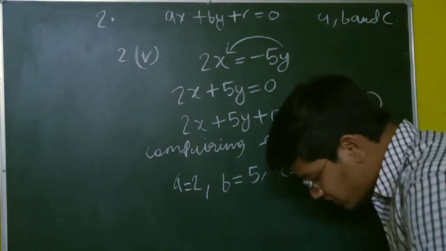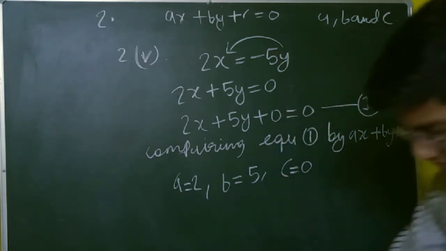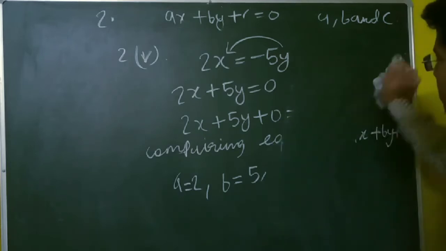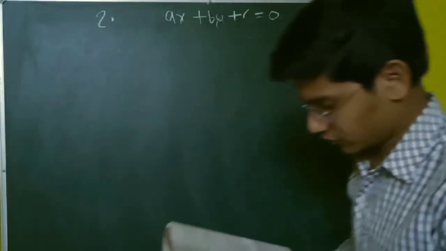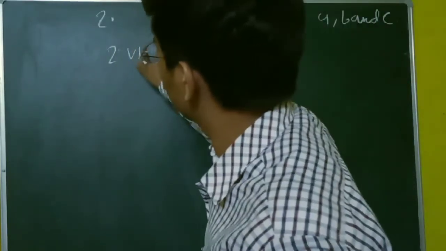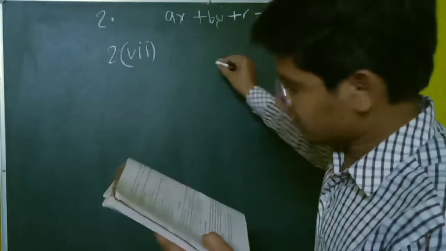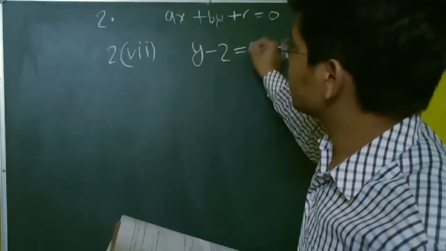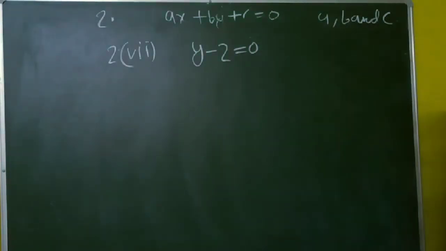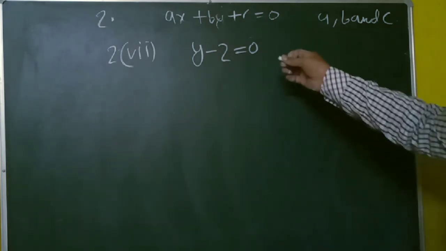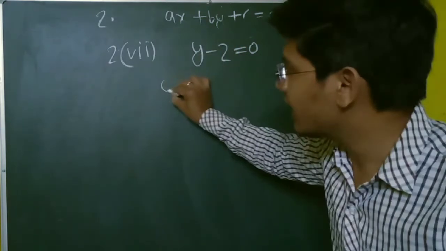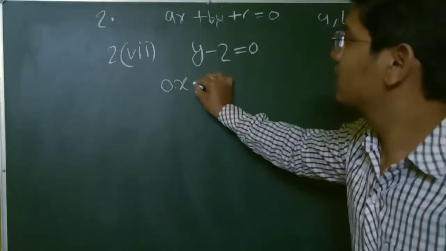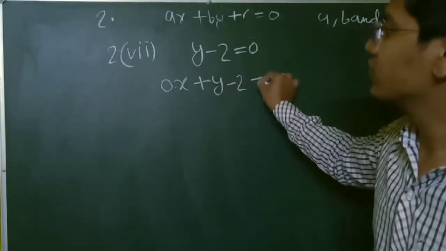Now our question number 7th. Question number 7: y minus 2 equals 0. Now we see it is a linear equation in one variable only. Here two variables are not there, so we assume it as 0x plus y minus 2 equals 0.